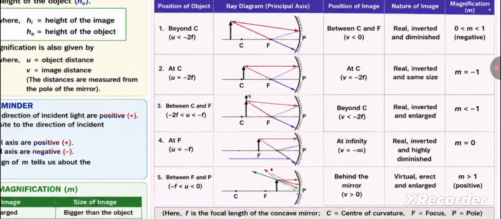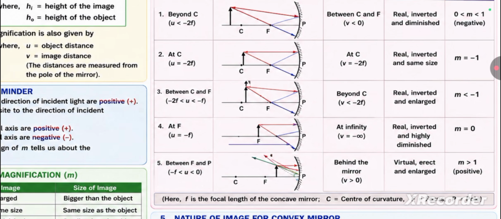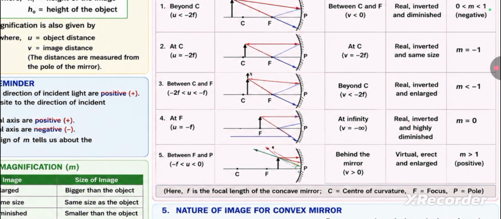If the object is between F and P, then the image is behind the mirror, and v is greater than 0. The nature of the image is virtual, erect and enlarged. Its magnification m is greater than 1.